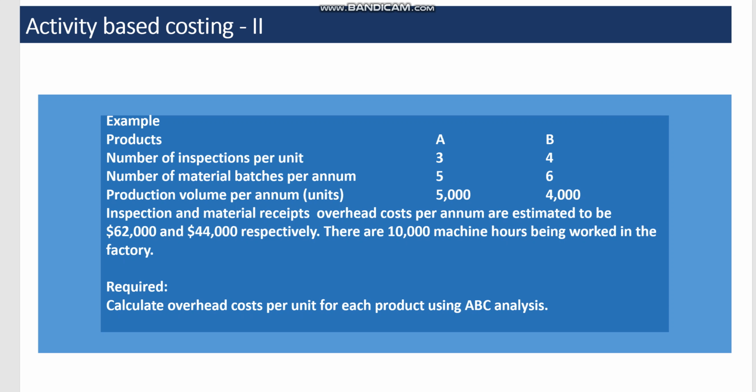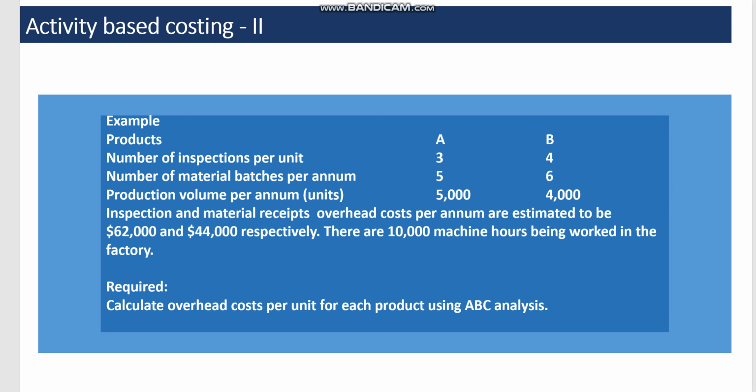There are 3 inspections per unit for A, and 5,000 units of A. So 3 times 5,000 units gives a total of 15,000 inspections for product A. Likewise, there are 4 inspections per unit for product B, and 4,000 units for the whole year. So 4 times 4,000 is another 16,000 inspections for the year. So 15,000 inspections for product A, 16,000 inspections for product B. We take the cost driver figure for the whole period.